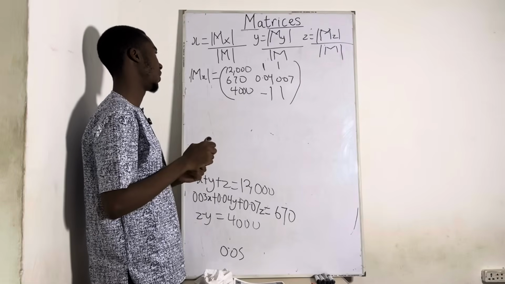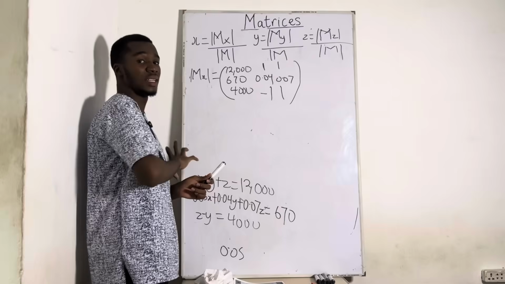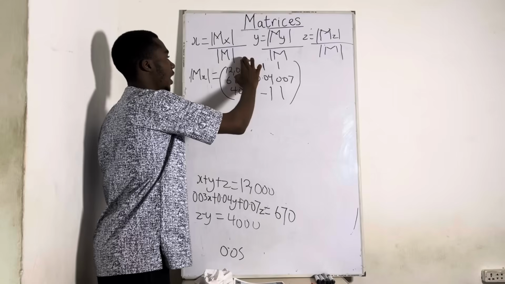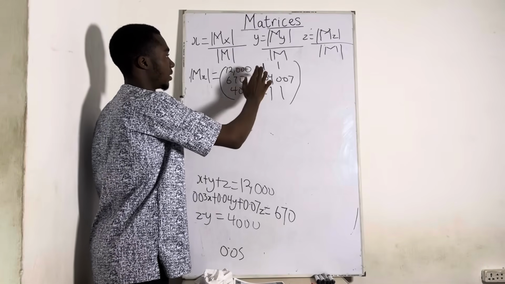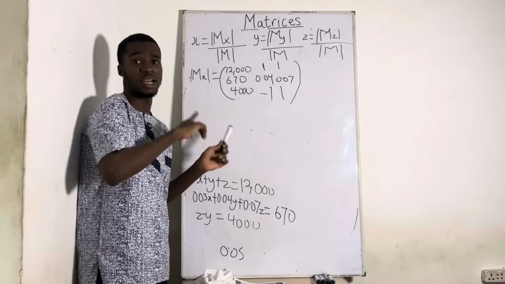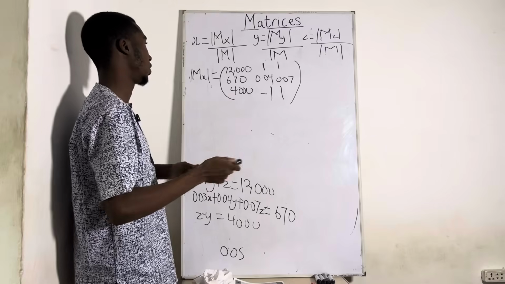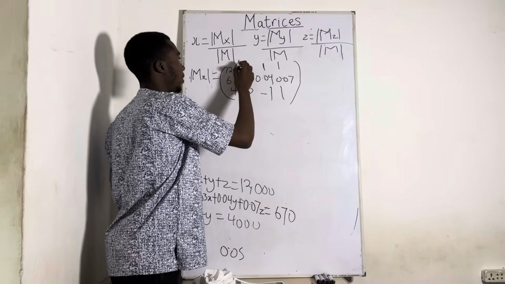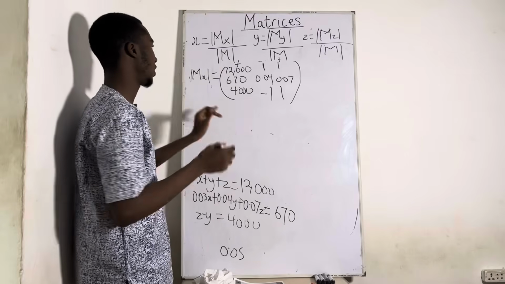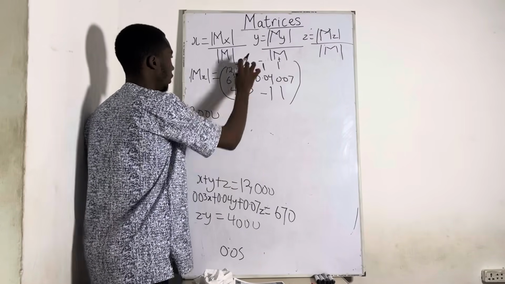Now we've got the matrix of x. So you have to find the determinant. You get it? So it's the same process as what we did earlier on. So now it's going to be 12,000 times this minus this times this, which is what we did earlier on. So anytime they give you a 3 by 3 matrix, this is how you go about it. So similarly, this is going to be plus, minus, plus. So let's do it. So you are getting 12,000, which is this 12,000.